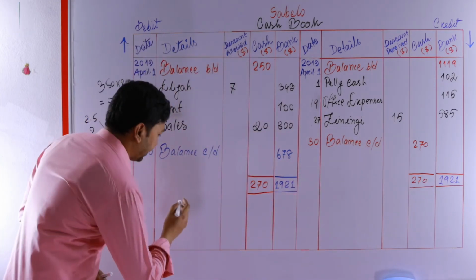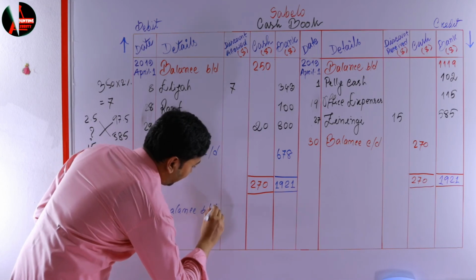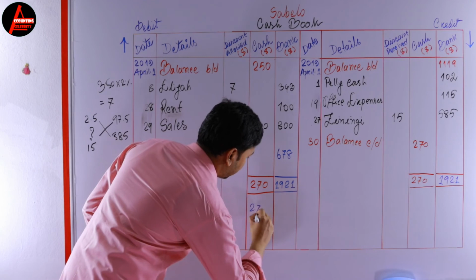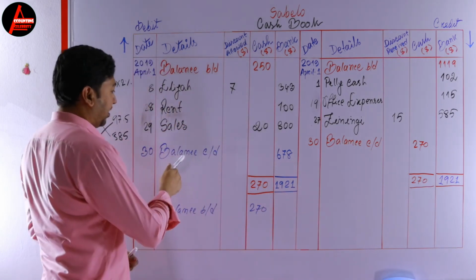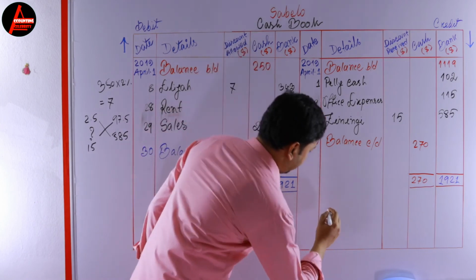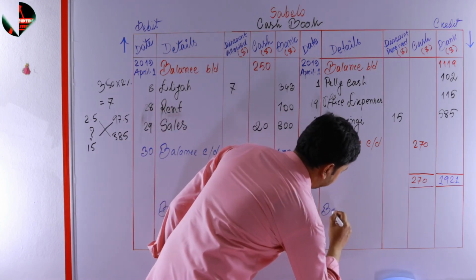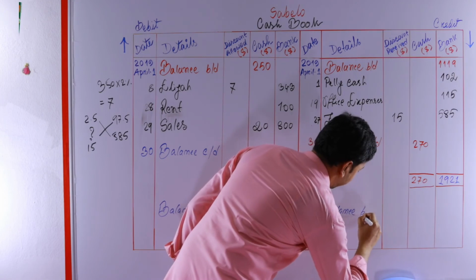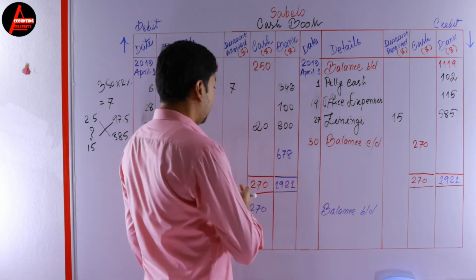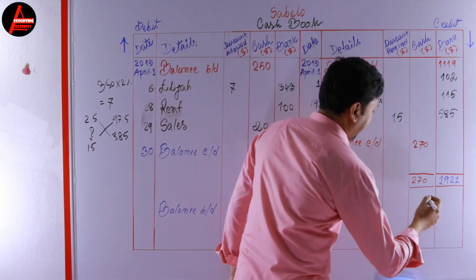So we have to write balance BD here, which is $270 in the cash column. Okay, and here we have balance CD. It will come here in the opposite side in the bank column. Balance BD means brought down. Okay, so it is $678 in the bank column.